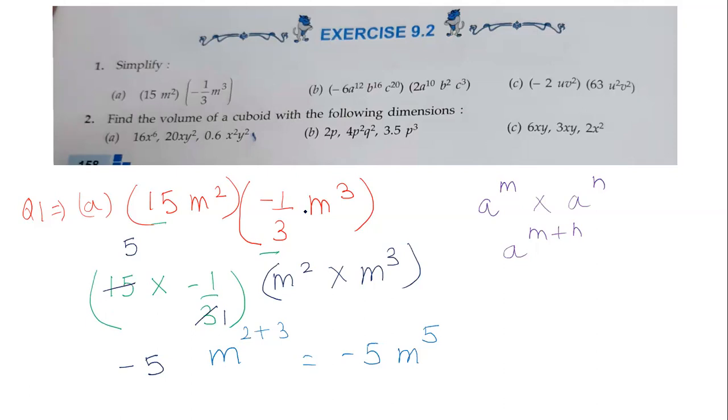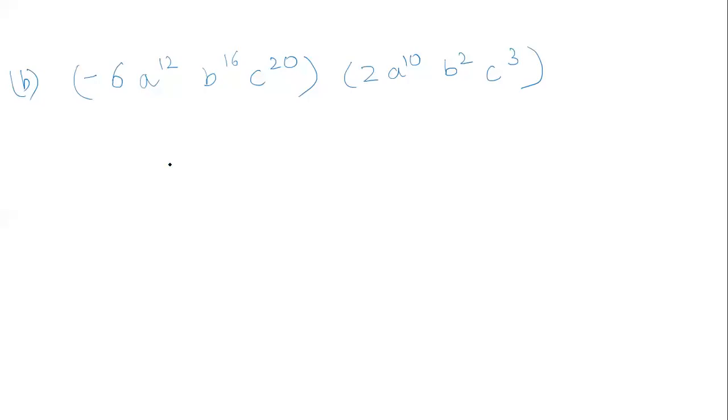Right? So we are going to start with the B part. जैसे जैसे हम क्वेश्चंस करते रहेंगे, we are going to discuss the laws of exponents we are using in the question. Okay. Students, this is your second question.